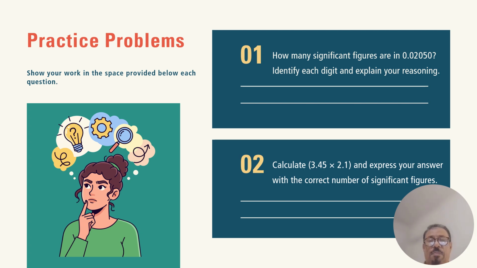You answer, and you'll tell me leading zeros are not significant, zeros in the middle are significant, and trailing zeros are significant. What about the second one? Calculate 3.45 times 2.1. Hopefully, you're going to answer this question. I will not help you, but you answer it. When you explain, you're going to say the lowest sig fig wins. So you're going to have 2 sig fig.